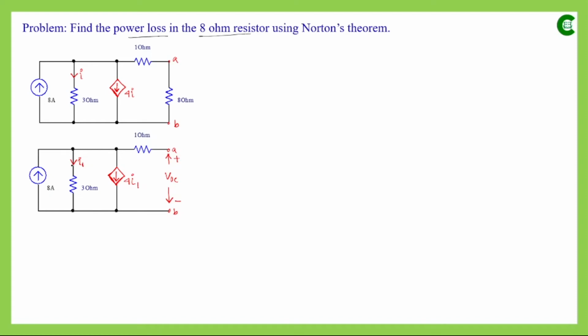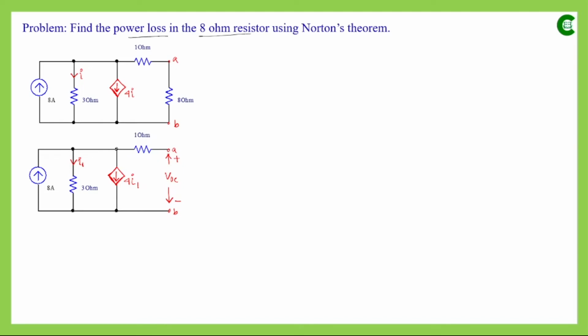So the current has now been assumed as I1, and accordingly the value of this dependent current source has changed to 4I1. Now for VOC, this open circuit voltage, as we can see here, no current is flowing through this 1 ohm resistor since this path is open.